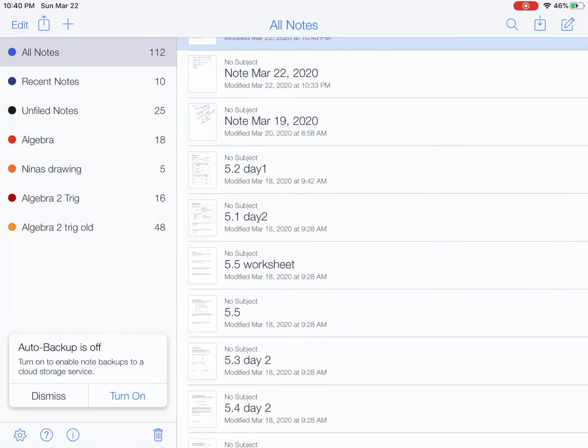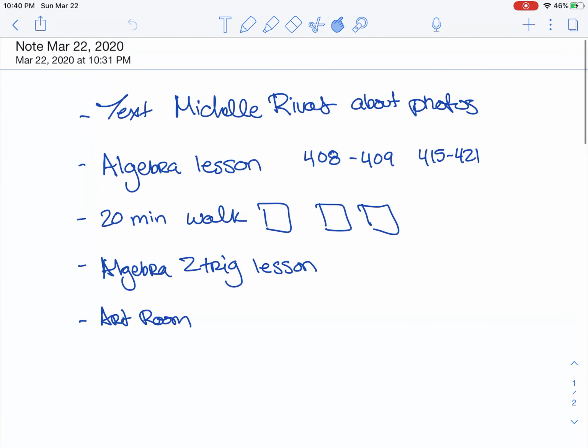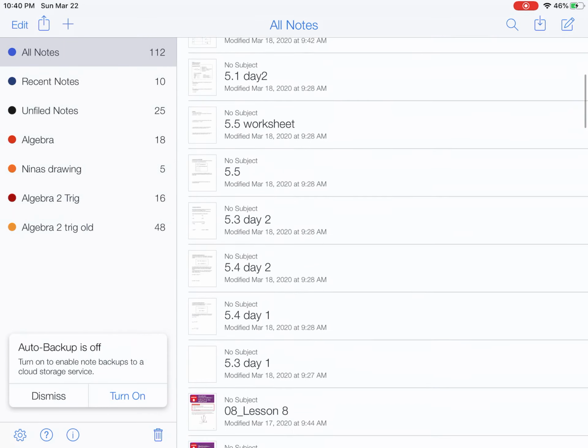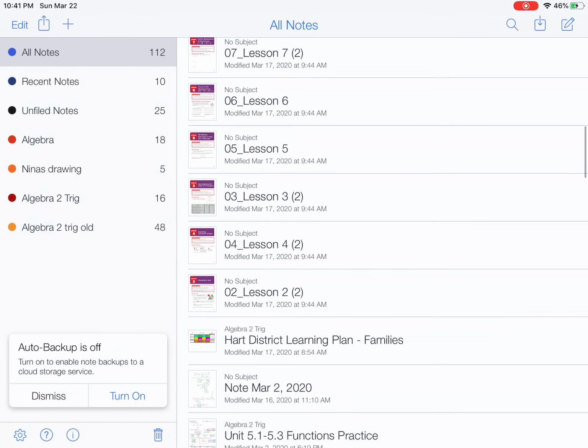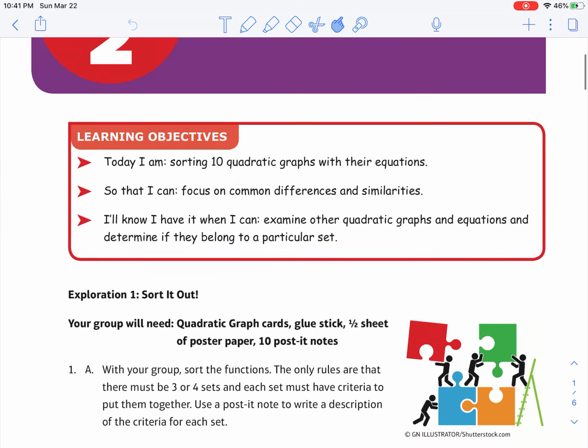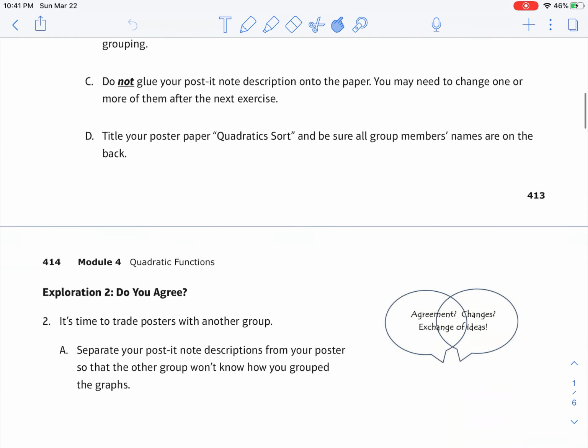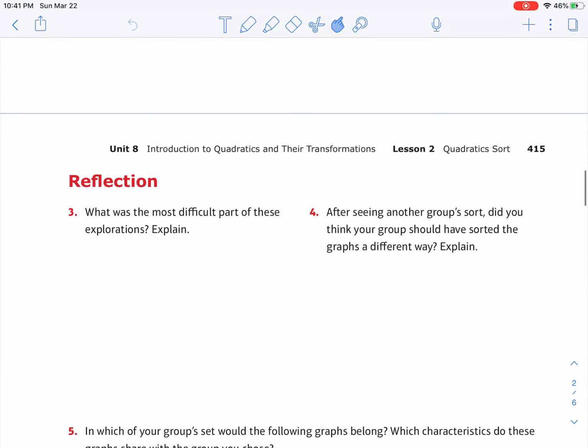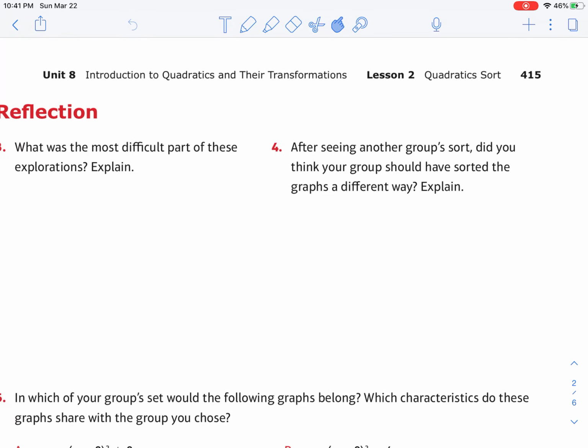So, I'm switching over to a different packet now. And I'm starting on page 415.